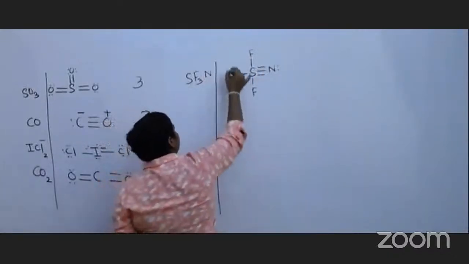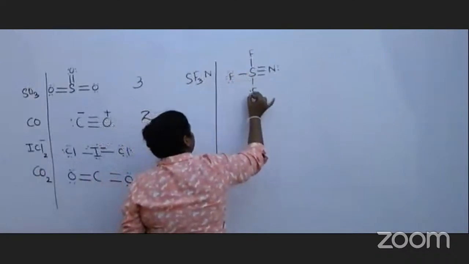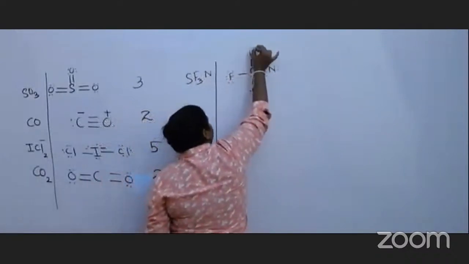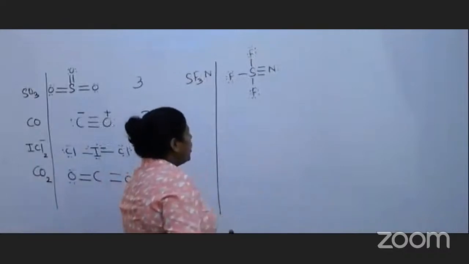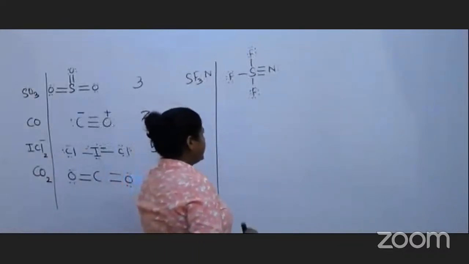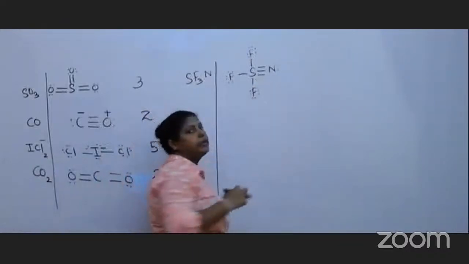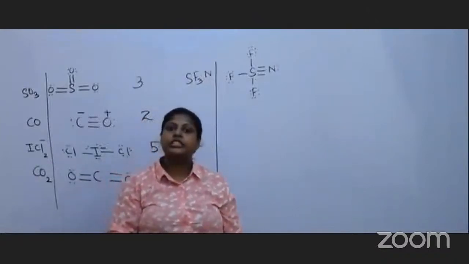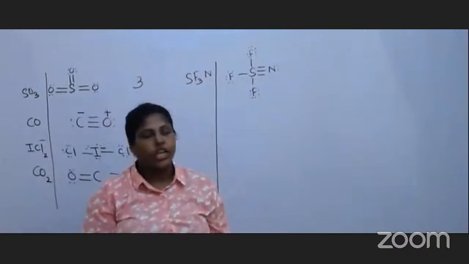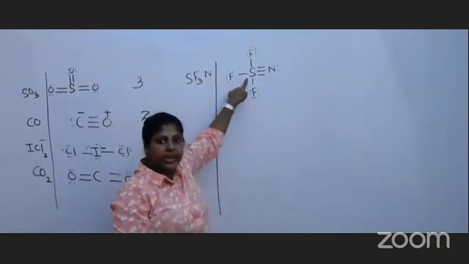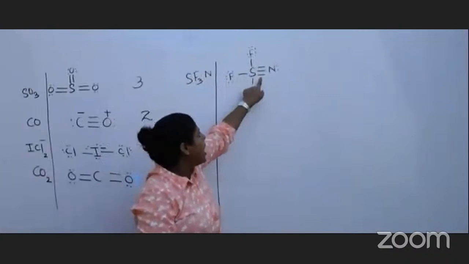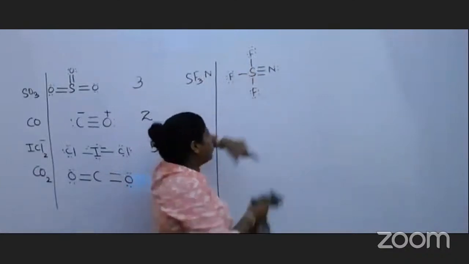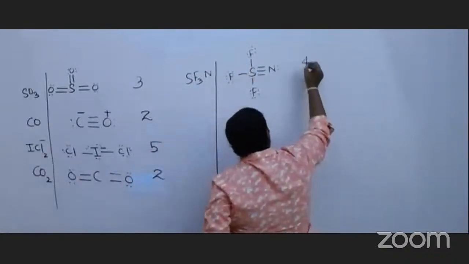Each fluorine has 3 lone pairs. One triple bond is considered as one VSEPR unit, and each single bond is considered as one VSEPR unit. So the total VSEPR units around the central atom is 1, 2, 3, 4. Total VSEPR units are 4.